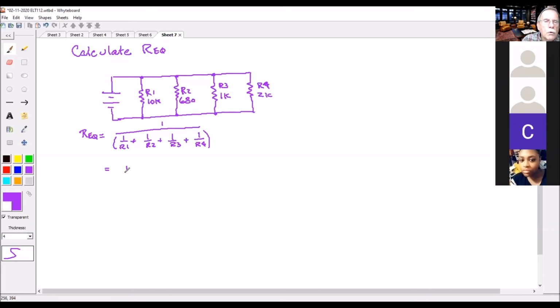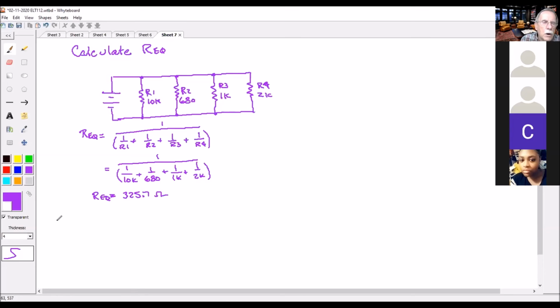So that means I got 1 over 10K plus 1 over 680 plus 1 over 1K plus 1 over 2K, and the reciprocal of that whole thing. So you should have come up with 325.7 ohms.